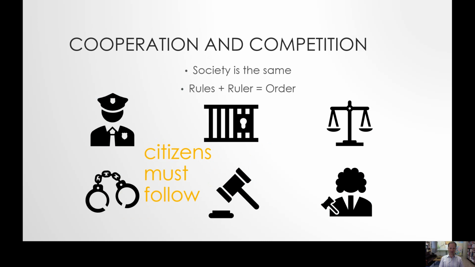And of course, society is the same, isn't it? In societies, all societies, we have rules and we have rulers. And of course, all citizens must follow these rules, and all citizens must follow the ruler. And of course, with this, we create order.